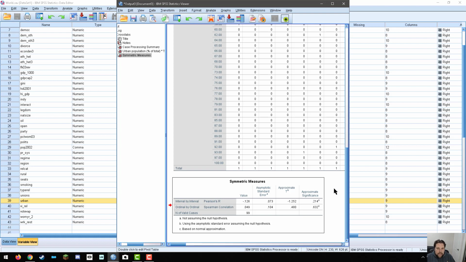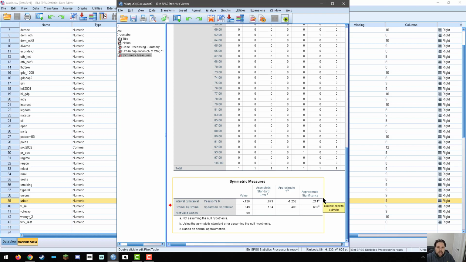So again, if this value is less than 0.05, then you reject the null hypothesis and you assert that there is a statistically significant relationship. If it's larger than 0.05, as it is in this case, we fail to reject that null hypothesis. We assert that there is no statistically significant relationship.